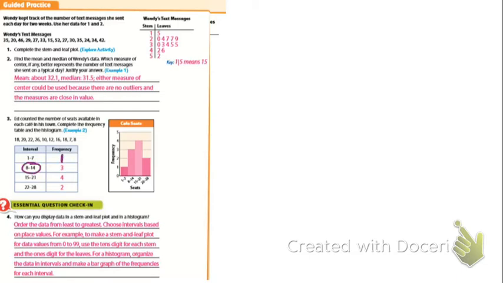Now let's look at the data from 8 through 14. I'm going to highlight them. 1, 2, 3. 3 of them. So that's how they came up with 3. And then once they did that, they did that histogram there. You can compare your answer with number 4 of what the book suggests.